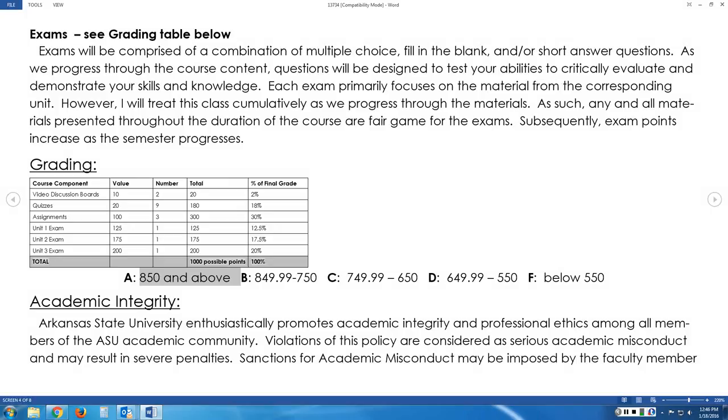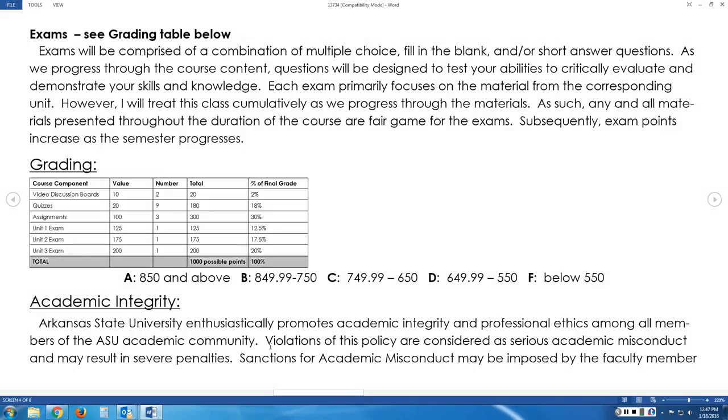But because of the nature of this course, and because I think that mastering 85% of the content really does demonstrate A-level work, know that 850 is the lowest number for an A, 750 for a B, 650. So really take the traditional 90%, 80%, 70% and shift it down by 5%. And then that means that there's a huge chunk that will still be considered A-level work.